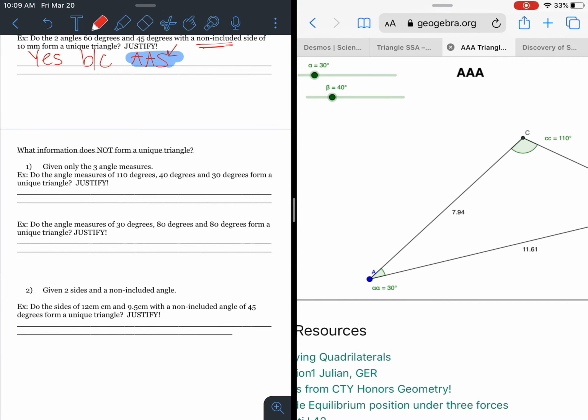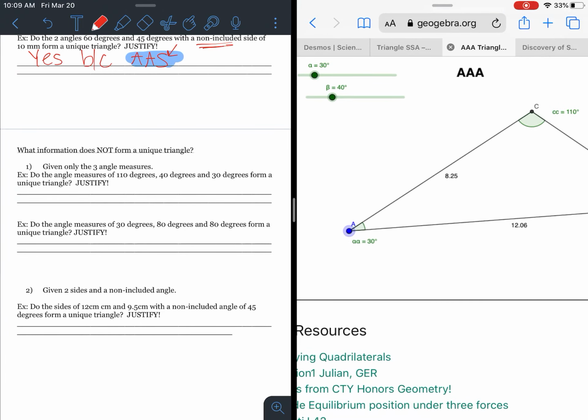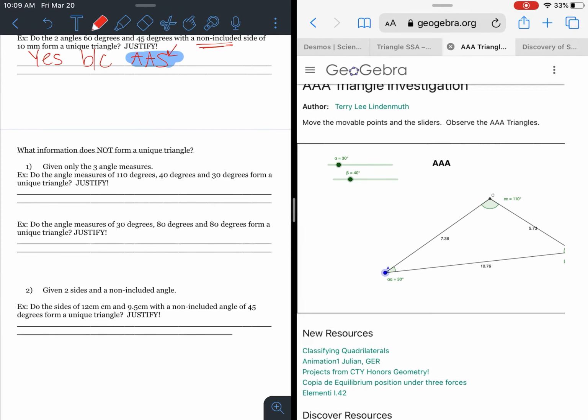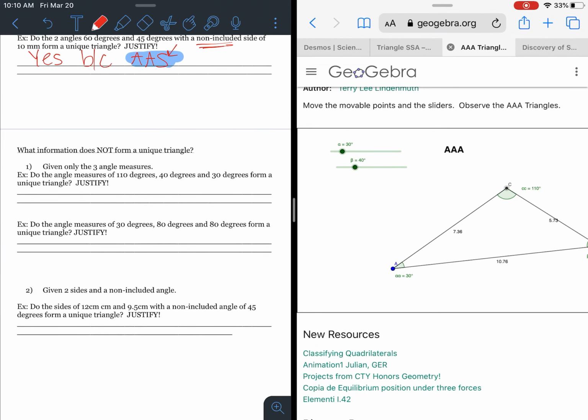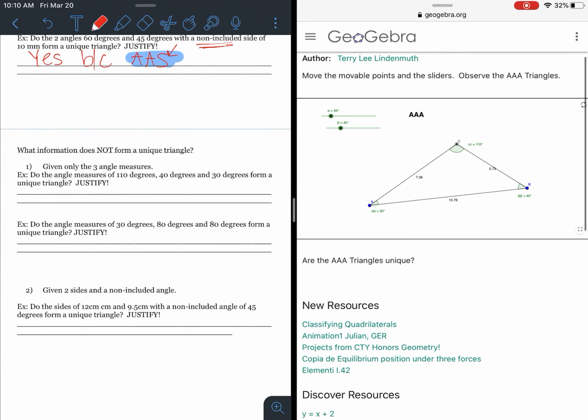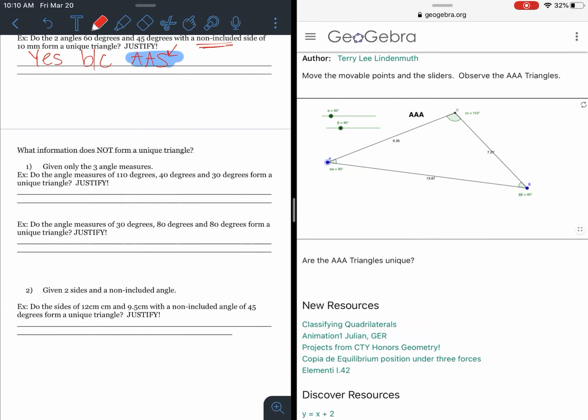So that would be like this triangle here, 110, 30, and 40. But that's one triangle, and I could make this really, really small. There's another triangle. I can make it a little bigger. There's a third, fourth, fifth, sixth. I could make this any size in the world, and my 3 angles are still 110, 30, and 40.